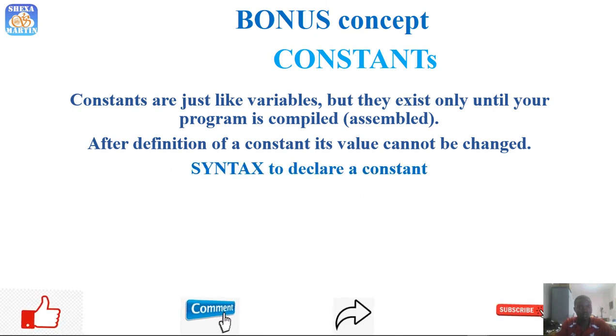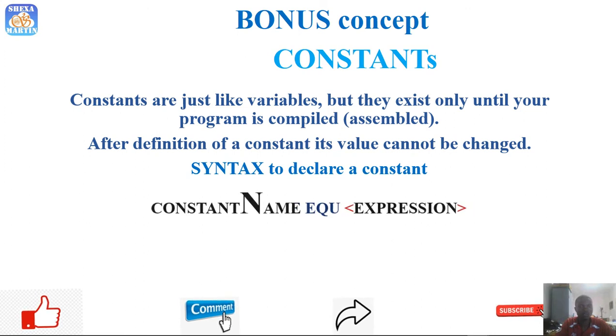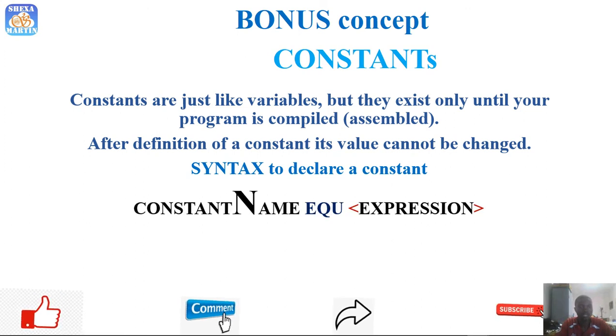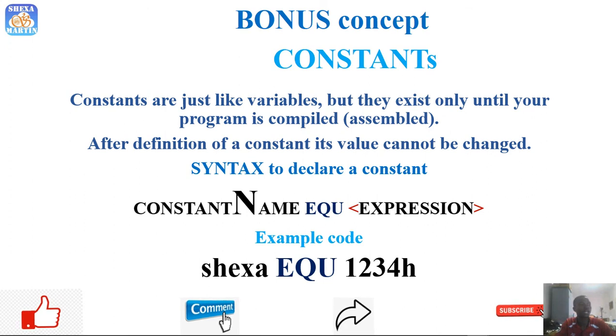Then the syntax used to declare a constant: you say constant variable name, then you say equ, which is the directive, then you put the expression. Here's the example. We can say Shexa is our constant variable, and then equ is our directive, and then the value is 1234. Whenever you say Shexa, you are now referring to 1234. You cannot change the value of the Shexa variable.